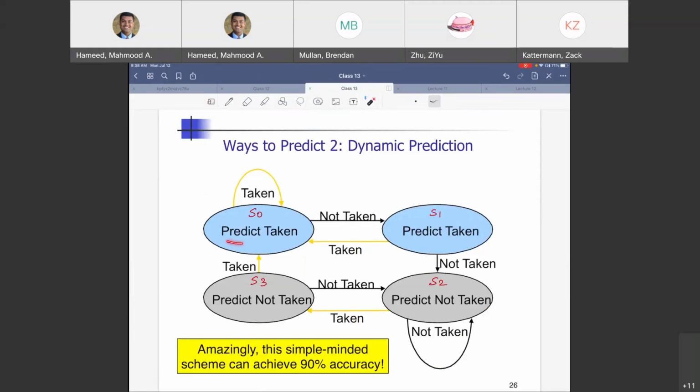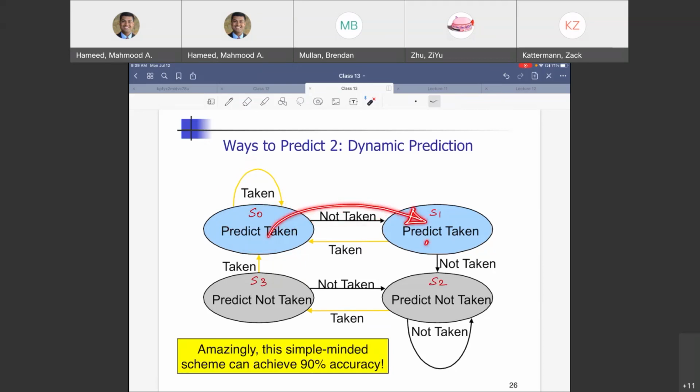So if you are, say, in S0, and you keep coming across situations where the branch is taken, you will stay in that state where you assume that the branch is taken. However, if the branch is not taken once, the first time, you go to the S1 state.